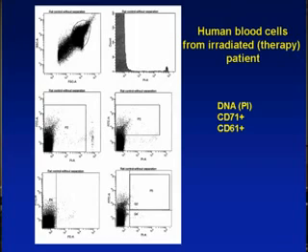So if we put in human blood, this is drawn from a patient that received radiation therapy, because you cannot irradiate humans for your purpose. But we are able to get the blood from a patient, and we put it through the instrument. Indeed, we are able to detect a small amount of micronuclei.